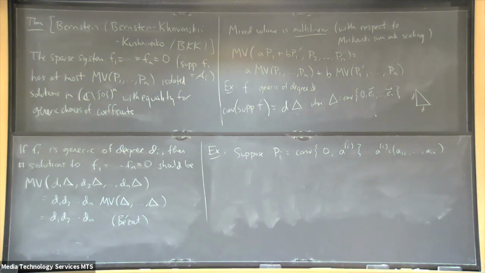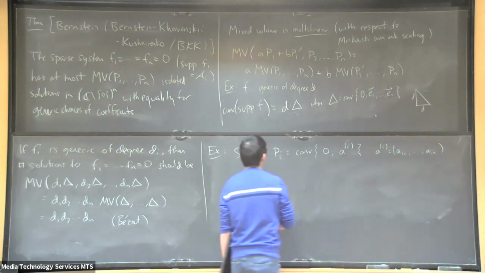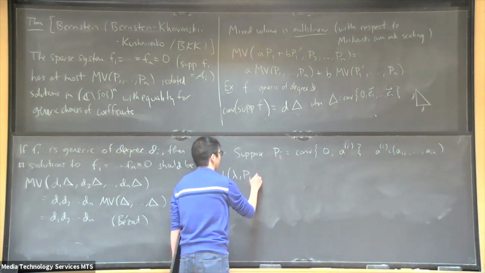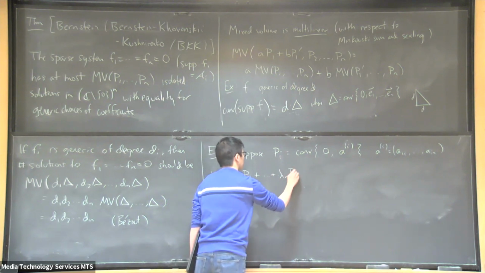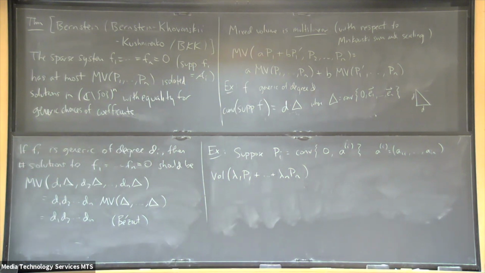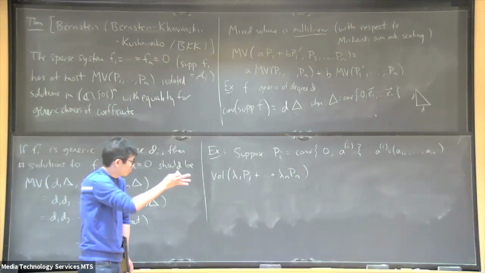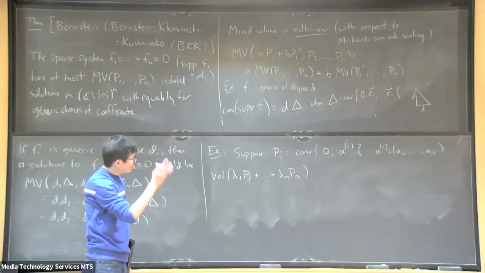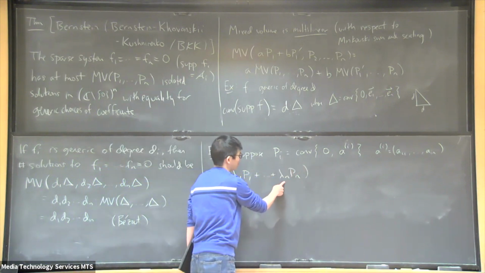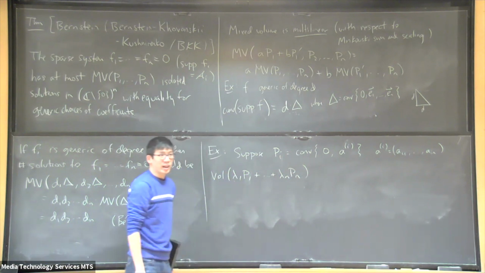Well then in this case, how do I compute the mixed volume? I have to scale each of the Pi, and compute the volume of their Minkowski sum. Of course, this is just going to be a parallelepiped, because I just have n segments, and when I sum them together, I get a parallelepiped. The edges are going to be lambda 1 times a1, and so on, lambda n times an.